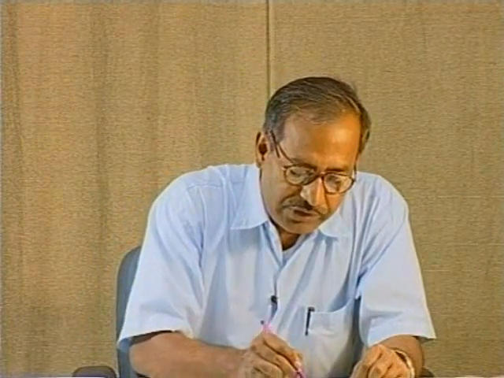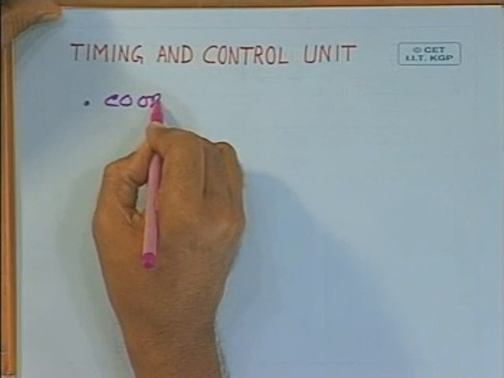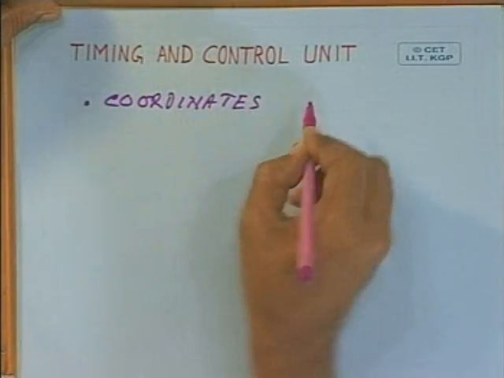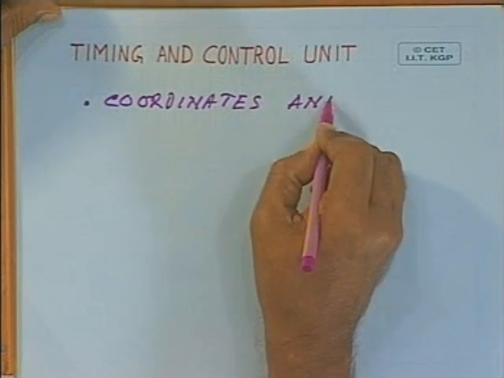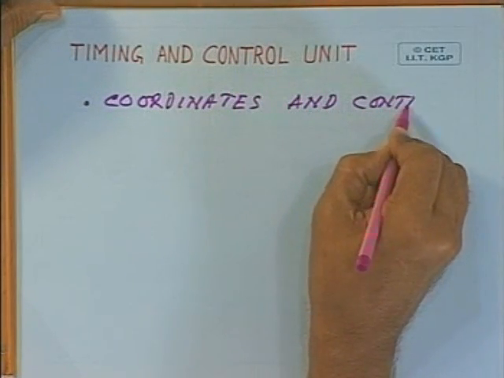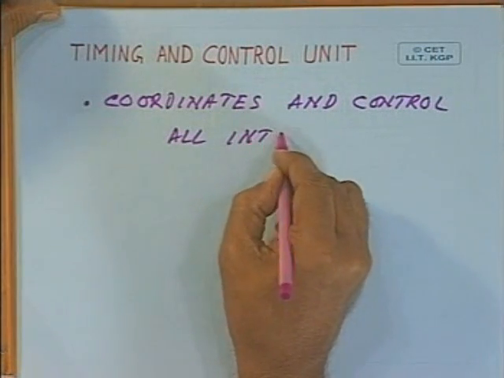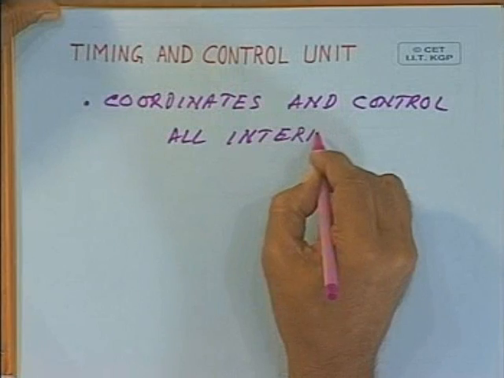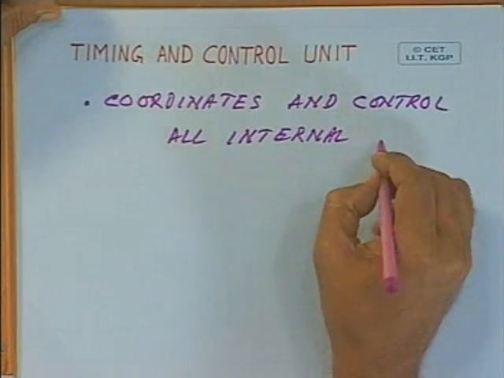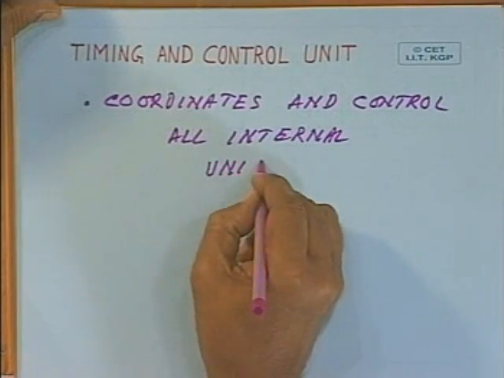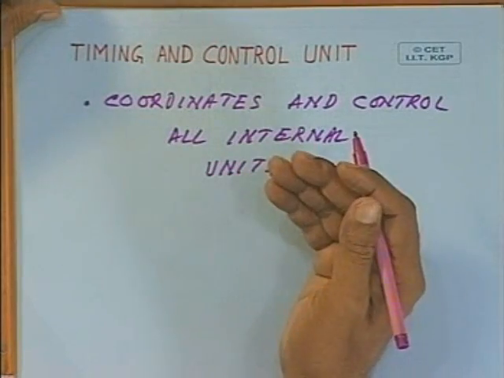Timing and control unit coordinates and controls all internal units. What are those units? ALU, registers, all these are controlled by the timing and control unit.